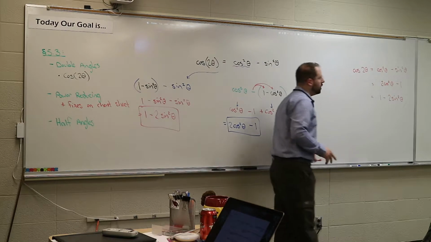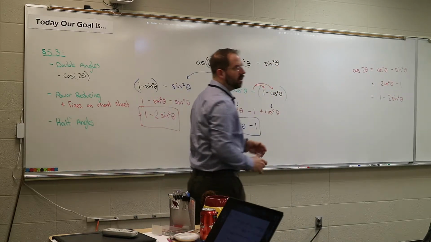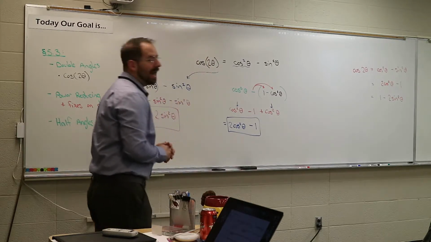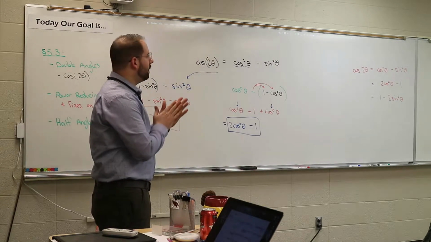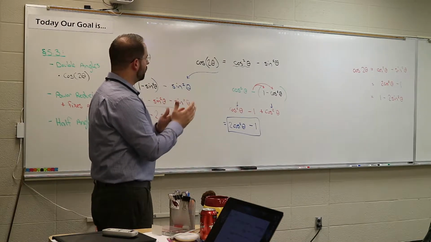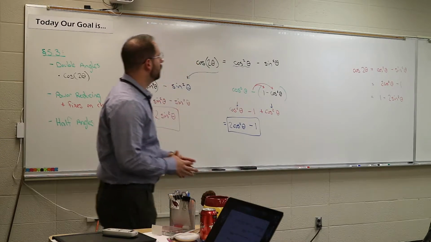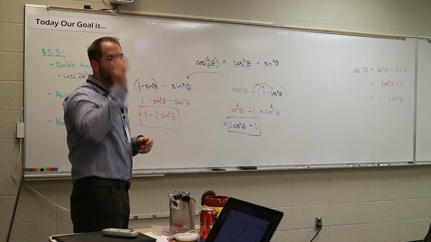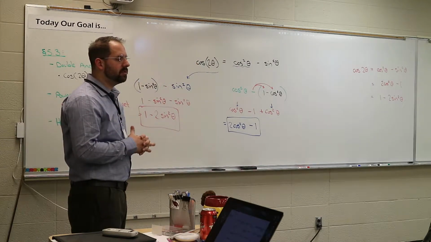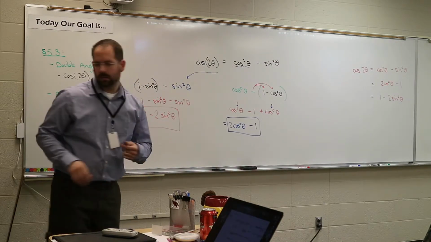Okay, so those are the 3 you should have written down because those are the ones that are in the boxes. I just transferred them over there so you can see all 3 back to back to back. Got it? Okay, they are on the property sheet though. So all I did was transfer those things over there so you can see them all next to each other. But again, they are on the property sheet. You don't need to add them to it. But we're going to show how we're going to use these here in a second.